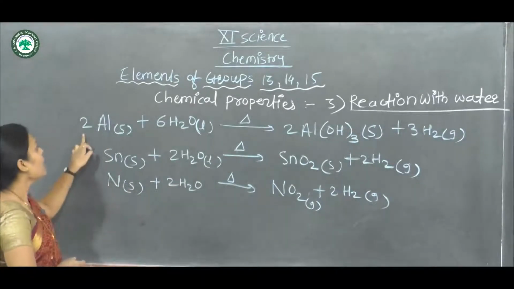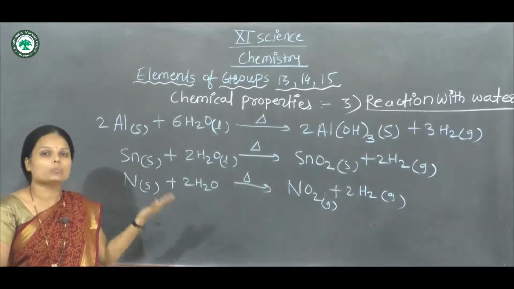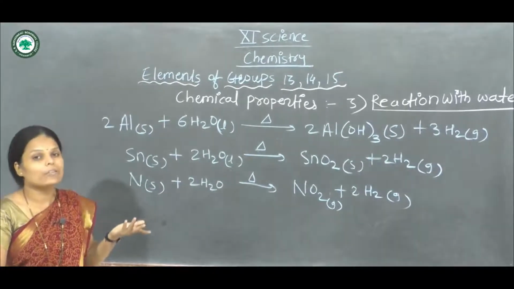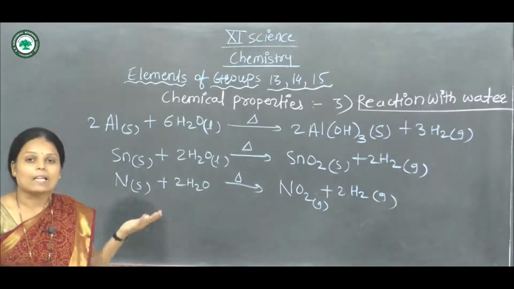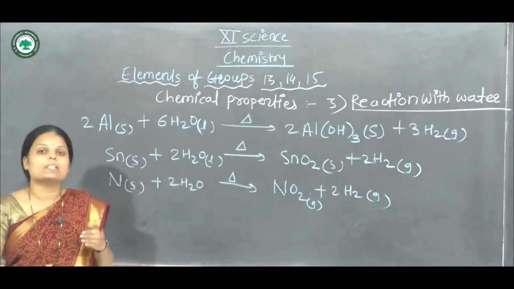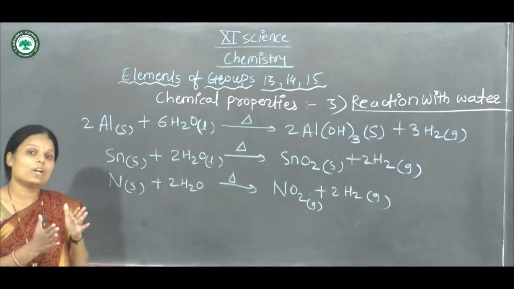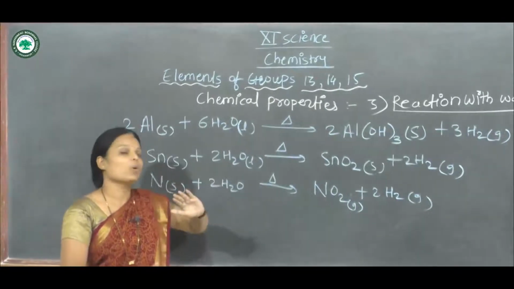See here, 2Al solid, aluminium, is a group 13 element. We know that boron, aluminium, gallium, indium and thallium, all of these 5 elements, are present in group 13. All of them react with a water molecule and form an oxide.